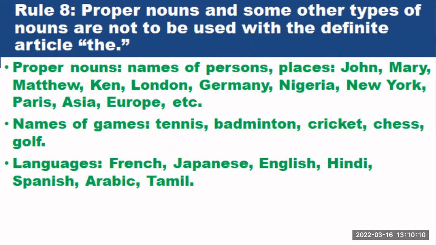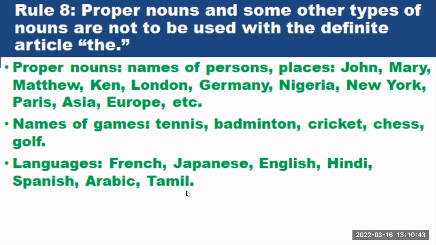For example, John, Mary, Matthew, Cain, London, Germany, Nigeria, New York, Paris, Asia, Europe, etc. The names of games such as tennis, badminton, cricket, chess, golf, or names of languages such as French, Japanese, English, Hindi, Spanish, Arabic, Tamil, and so on.